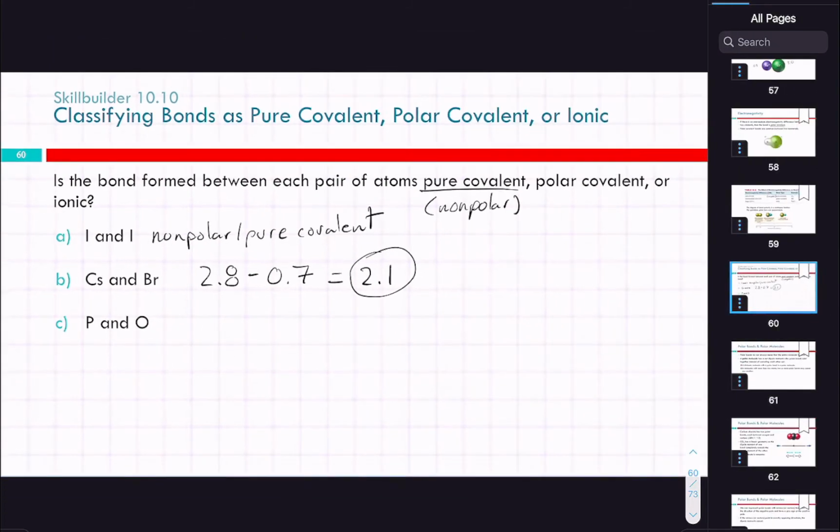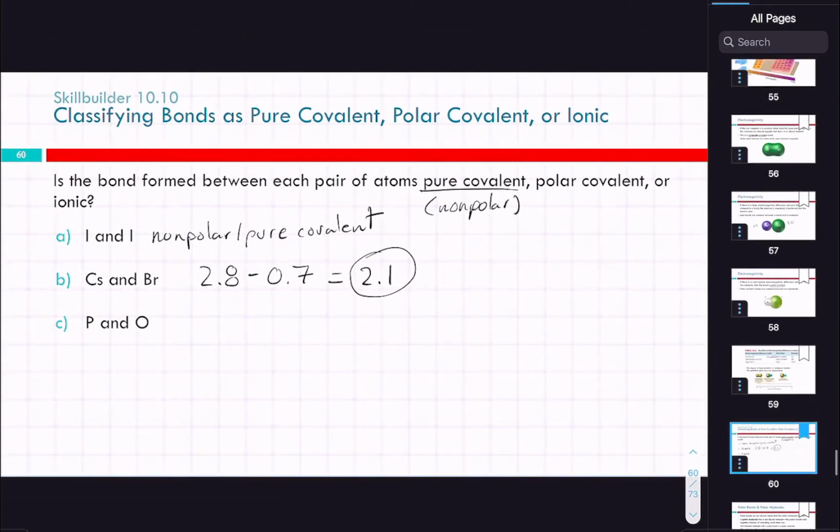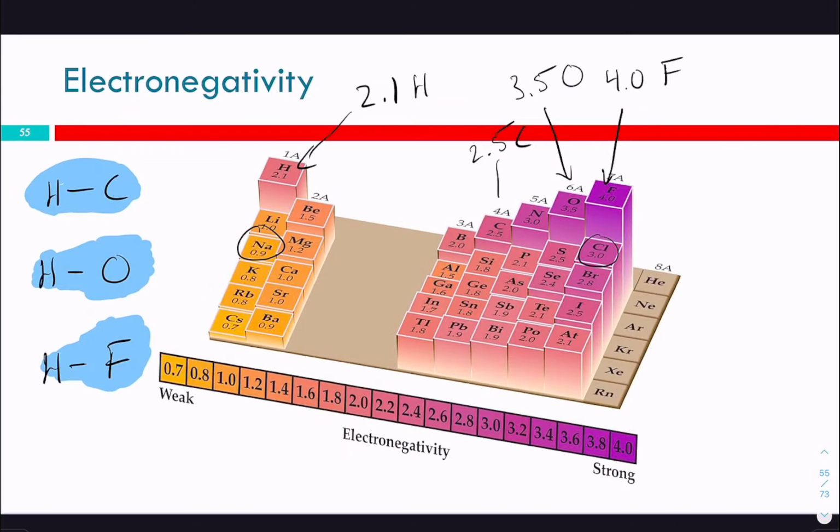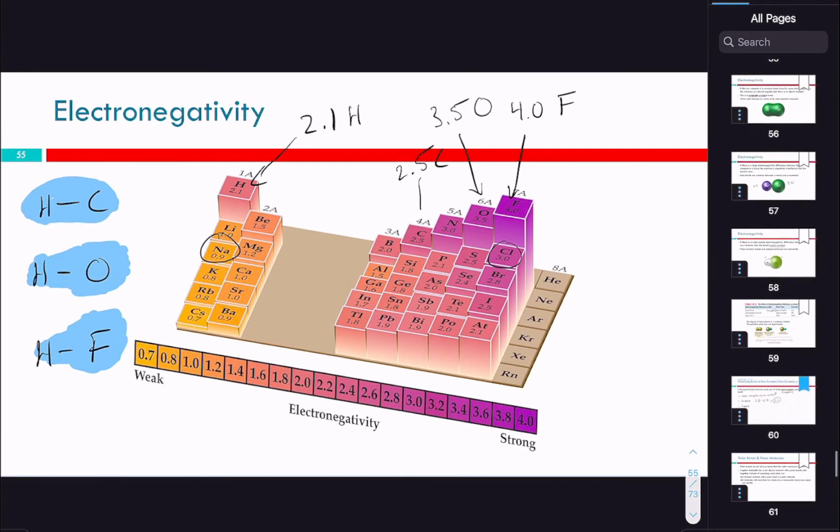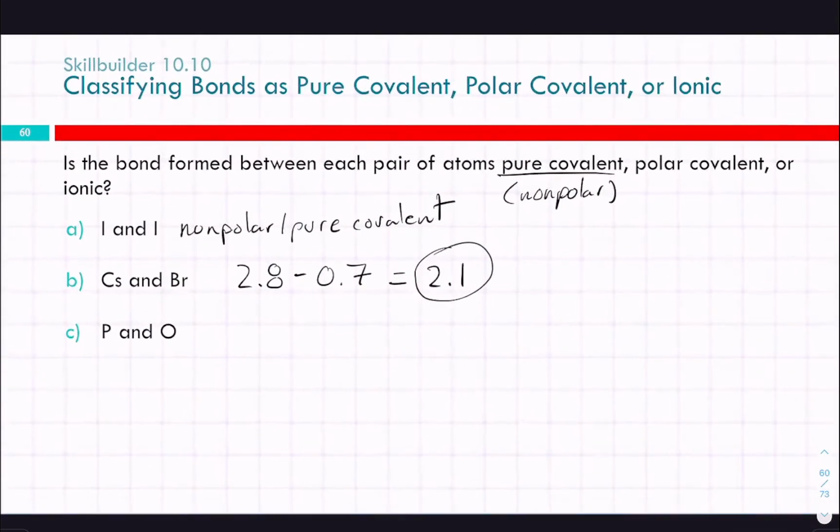Phosphorus and oxygen, though. So phosphorus is 2.1, oxygen's 3.5. So 3.5 minus 2.1, we have a difference of 1.4.